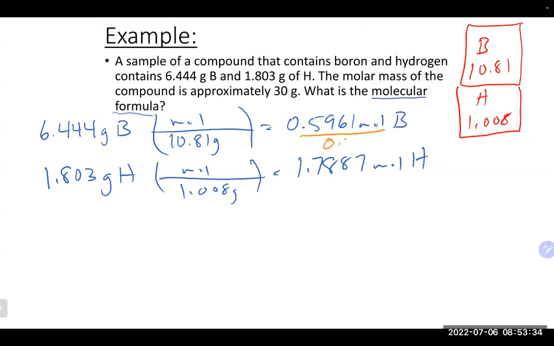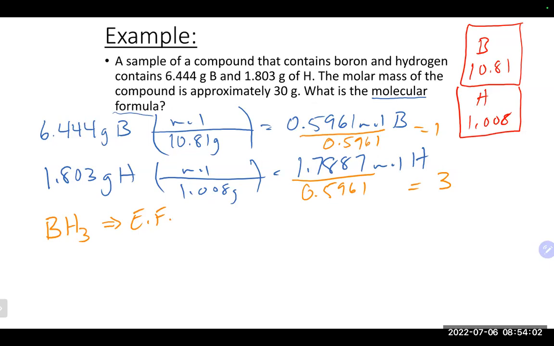So we're going to divide by boron here and that gives us 1. And if we do that for hydrogen, I think it's a 3, if I'm not mistaken. That is a 3. In this case, we did hit whole numbers, so that would give us our empirical formula here of BH3. Any questions up to that point?